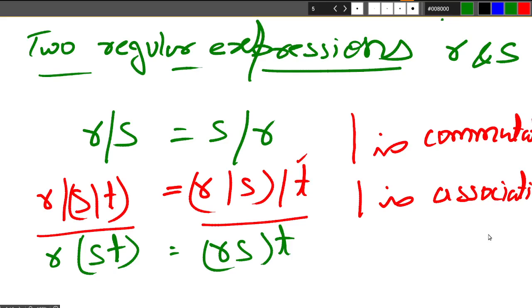I have written R and in bracket it is S T. Can I write it as in bracket R S and then T? In bracket means concatenation of S and T before concatenating with R, or concatenation of R and S first and then concatenating to T. Are they both the same or different?